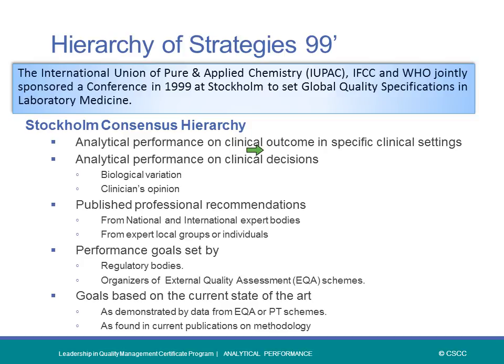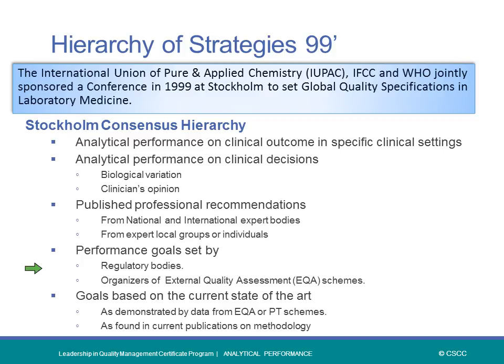Coming out of a conference back in 1999 in Stockholm, where the hierarchy of different quality standards were categorized. And as we move down this list from analytical performance based on outcomes in specific clinical settings down to goals based on current state of the art, we move from high quality sources, if you will, or goals, to a lesser quality.